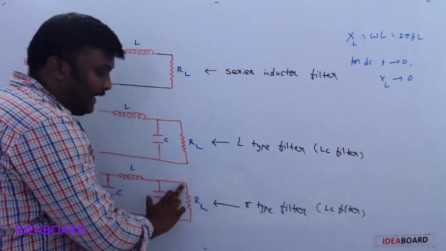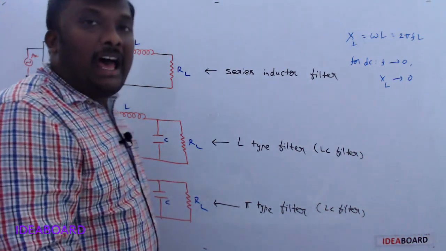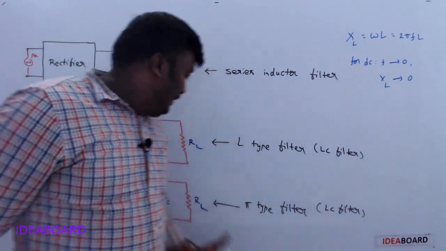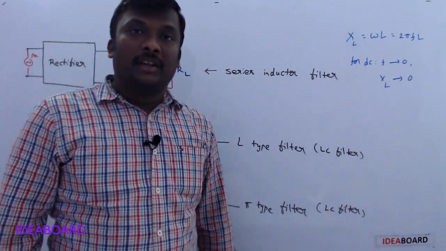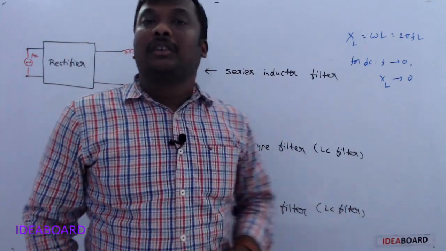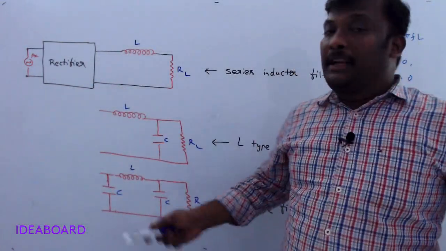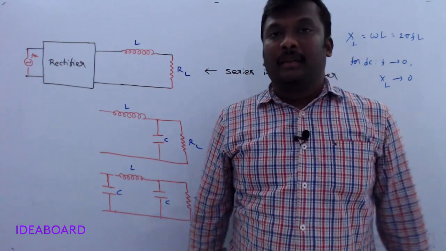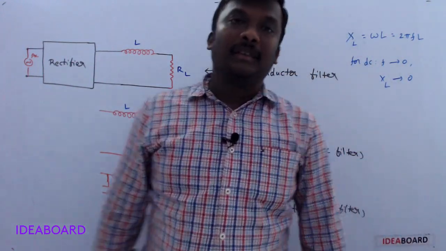So the output across the load resistor has only the DC component. To get a steady DC output, we use all these types of filters. Is it clear? Thank you.